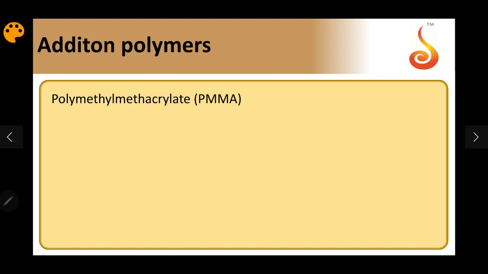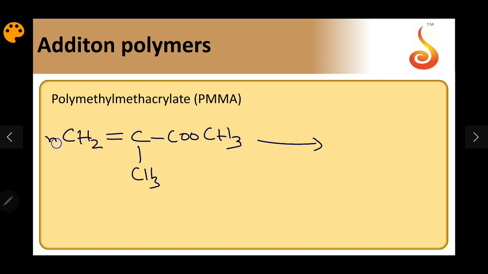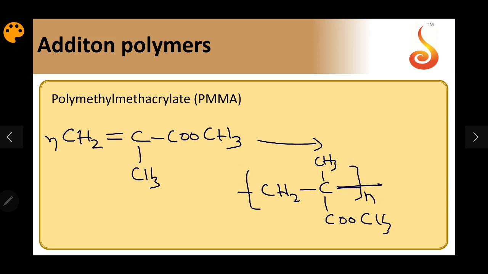PMMA, polymethyl methacrylate. The monomer of this is CH2=C(CH3)COOCH3. This is polymerized n molecules, so I'll get a compound like this, CH2-C, with one COOCH3 and the other CH3, and this will keep on repeating.